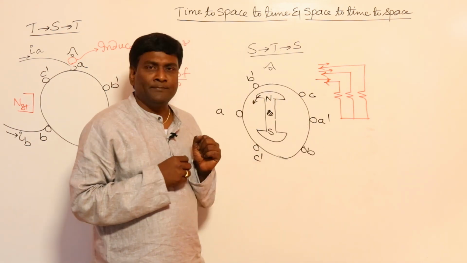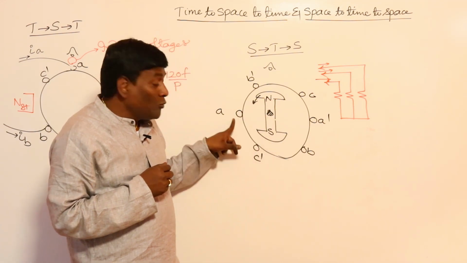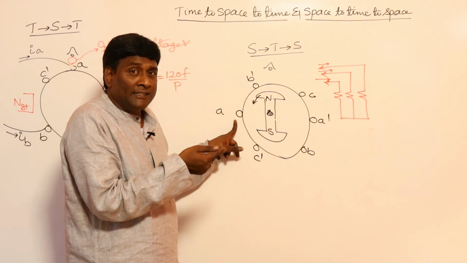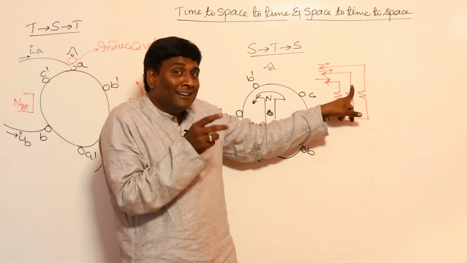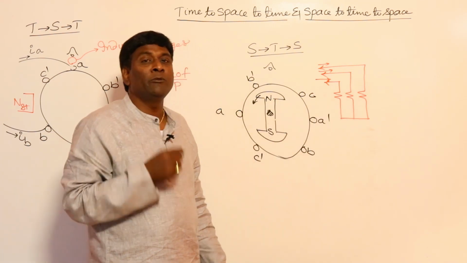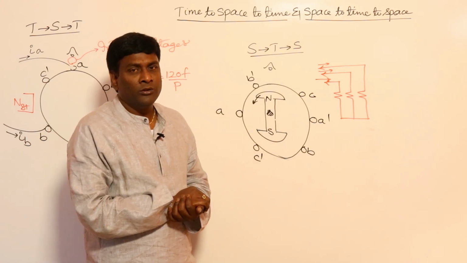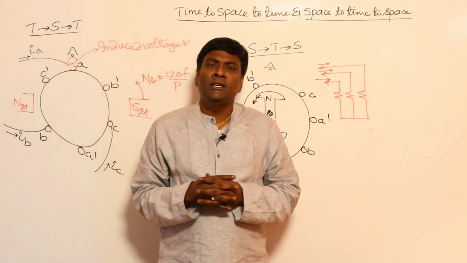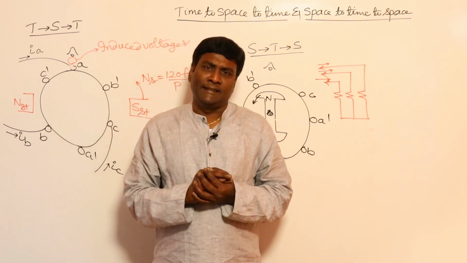Now if I see here, in space if I rotate this, in time the voltage will travel by theta degrees. In time, currents will travel by theta degrees. Those theta degrees time displaced currents flowing through space displaced windings will produce one resultant RMF. That RMF will travel by theta degrees. Okay, so in this way we merged space and time. From now, very soon, we are going to start the synchronous machine.